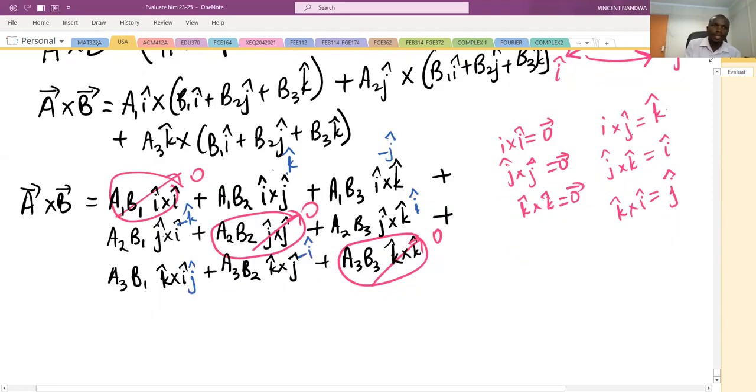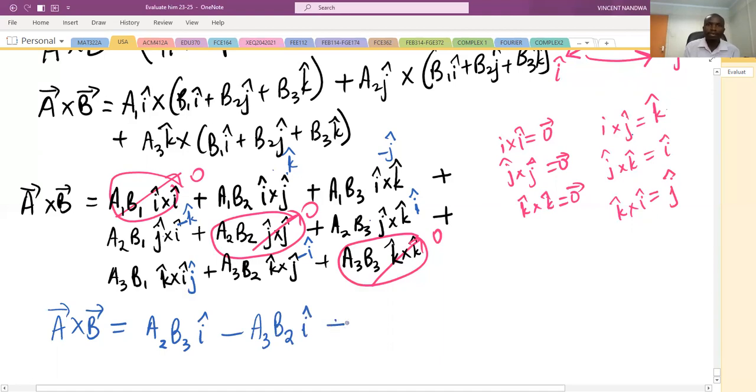So the next step, A cross B will be, if I start with those with i's, I'll have A2, B3i, so this term here, and then minus this one because it's a negative i, A3, B2, i. Let me go for those with j.